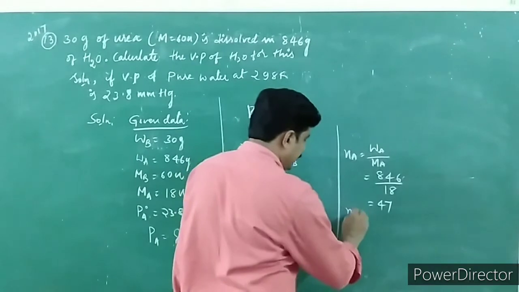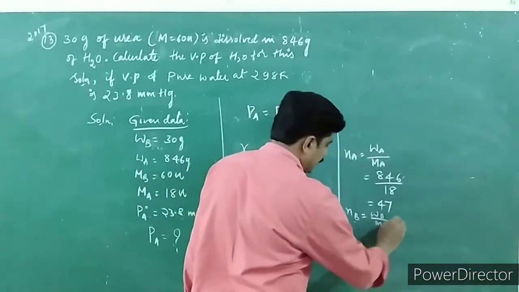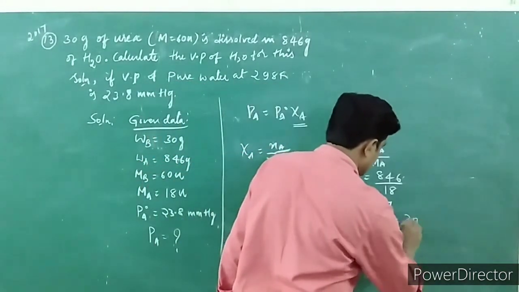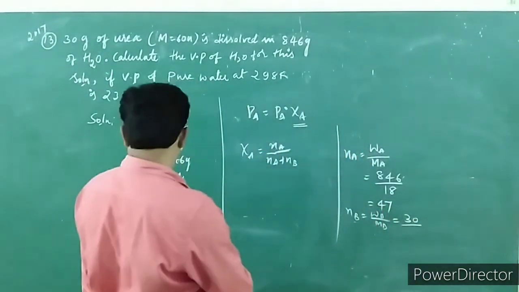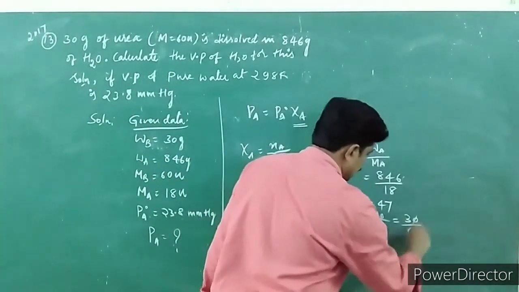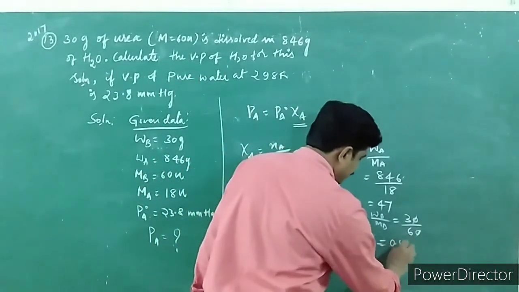Now nB is WB upon MB. WB is equal to 30, MB is equal to 60. You are going to get 0.5.